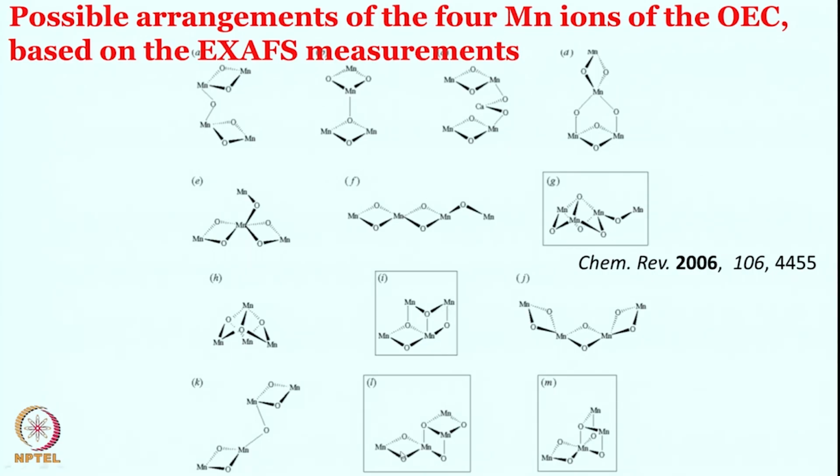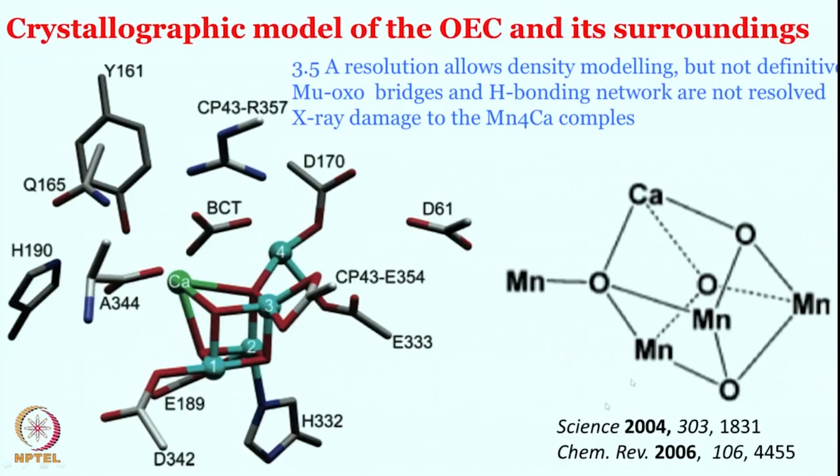Now, these are the structures which got support from the EXAFS study. If you look at the crystal structure in that Science paper, this is the center where you see the 4 manganese centers 1, 2, 3, 4 situated as is here, with calcium bound in between. But more importantly, people believe this is not the right structure because X-ray is damaging the manganese calcium and manganese oxygen bonds, right.